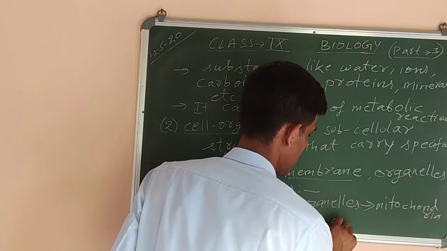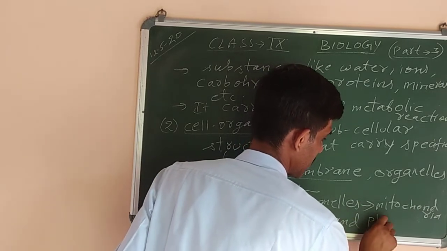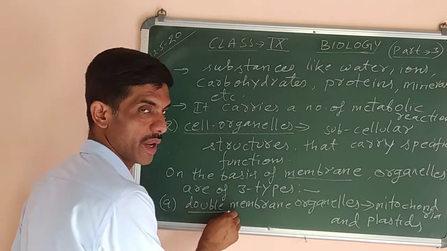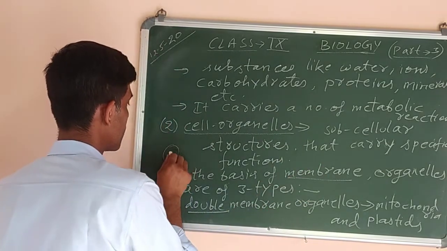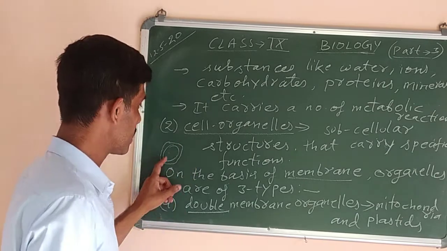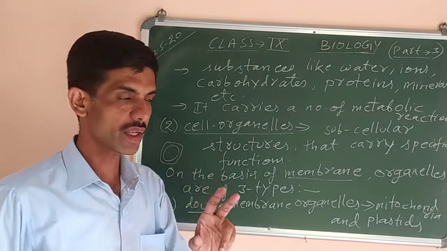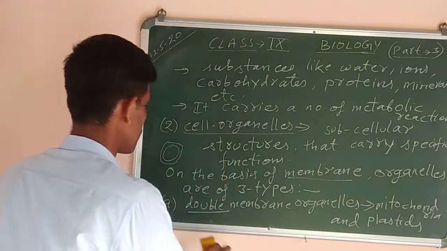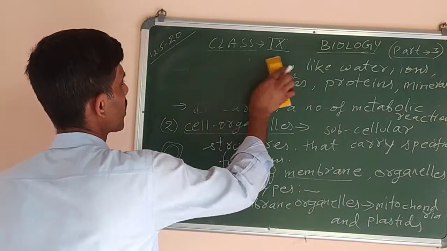Mitochondria and plastids are the 2 cell organelles that have double membrane. Means if I draw the diagram here, this is the inner membrane, this one is the outer membrane covering it. So only 2 cell organelles have double membrane. What are they? Mitochondria and the plastids. So the first one we have done, double membrane cell organelles.